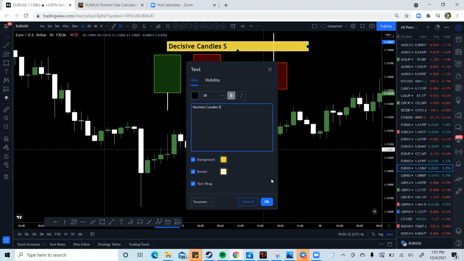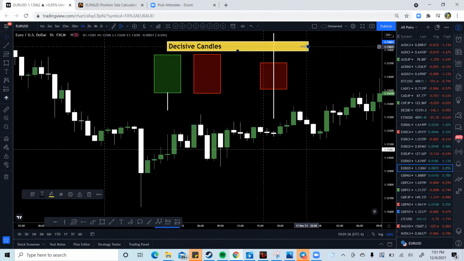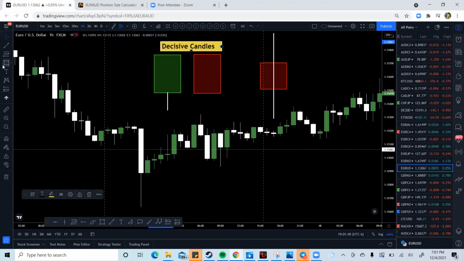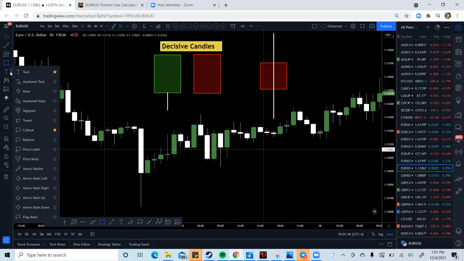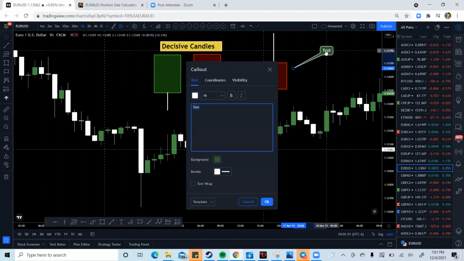We'll just keep it simple. Just do decisive candles. So that's decisive. This one, I'm going to do a call out on this one. This is indecisive.